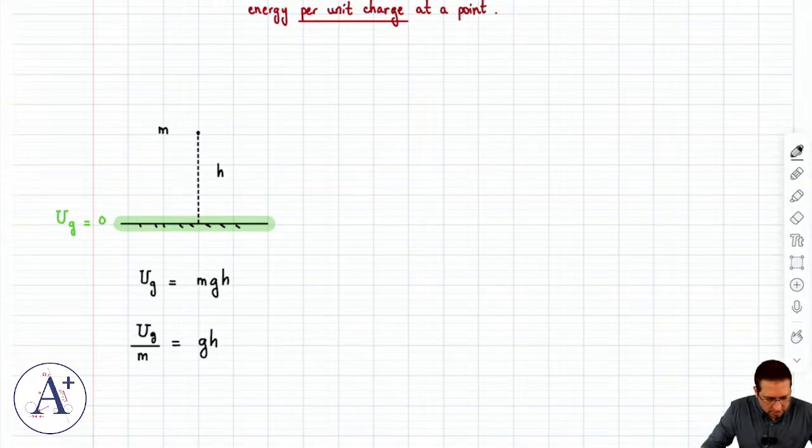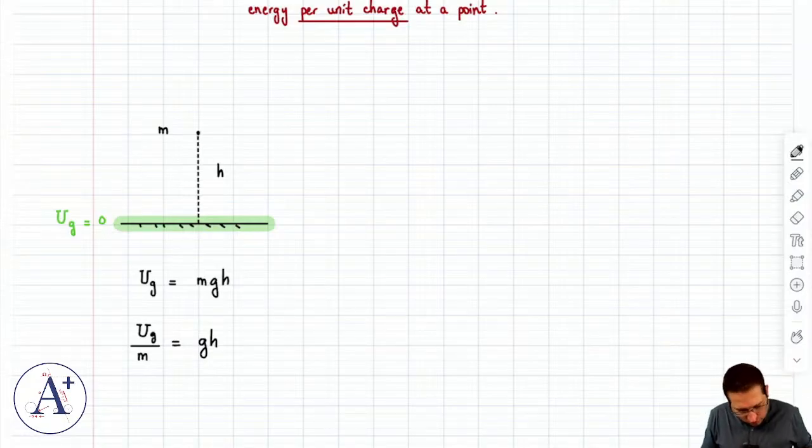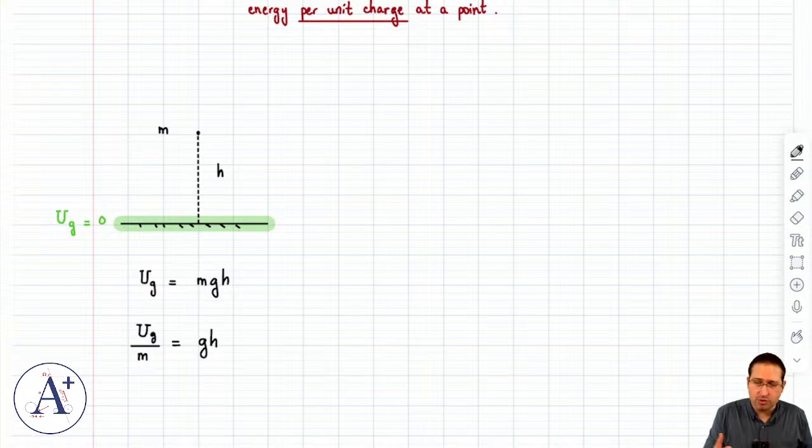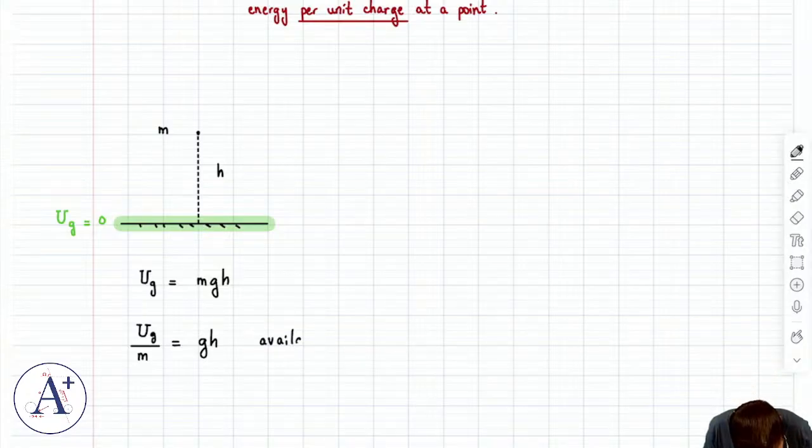And so the question then is, could we define a quantity that would represent electric potential energy per unit charge, and from that quantity I might be able to get electric potential energy. You could call this potential. We don't usually ever introduce just gh in mechanics. We don't need to. We just use mgh and it works fine.